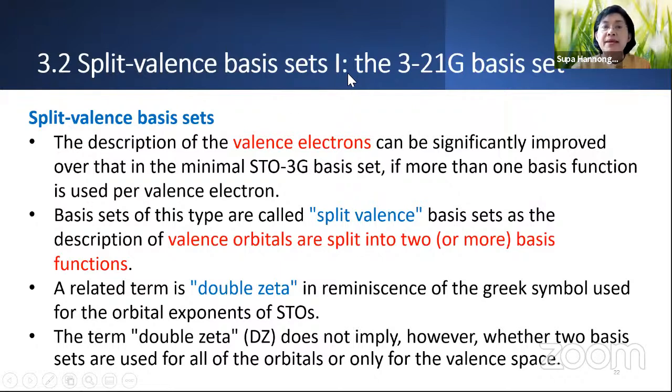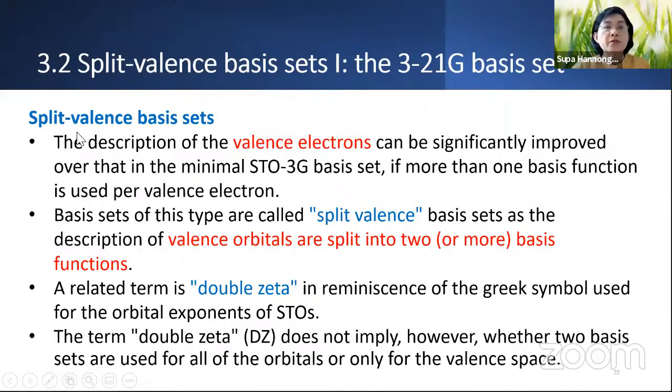Based on this group, I would like to say that the 3-21G basis set is very famous and very widely used, even now, better than STO-3G. STO-3G is simple, very minimal. Right now we should start from the 3-21G basis set.